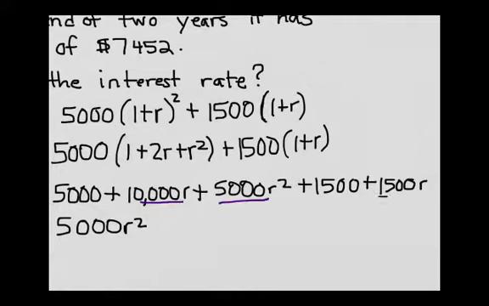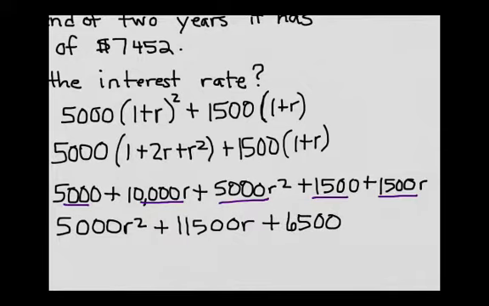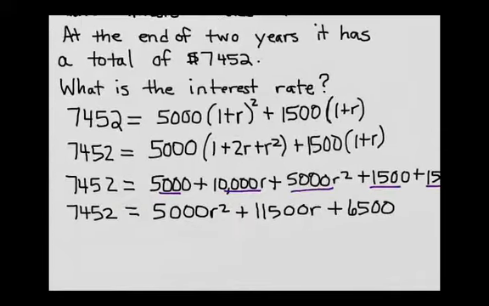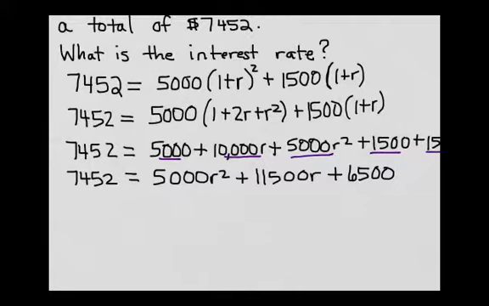If we add together the 10,000 plus the 1,500, we'll end up with 11,500 R. And then lastly, we have the two constant terms that don't have any factor of R in them. When we add those together, 5,000 plus 1,500 gives us 6,500. So now we have the equation 7,452 is equal to 5,000 R squared plus 11,500 R plus 6,500.